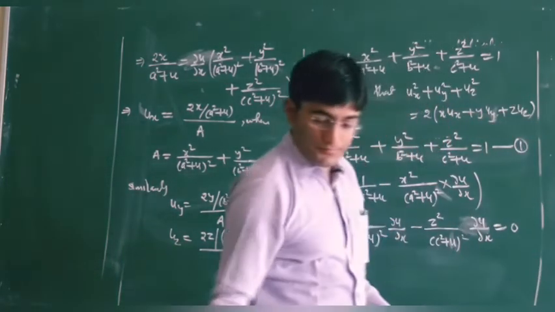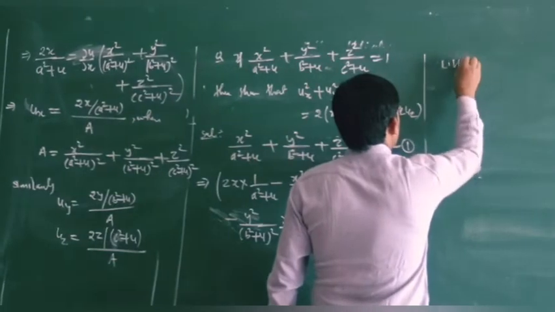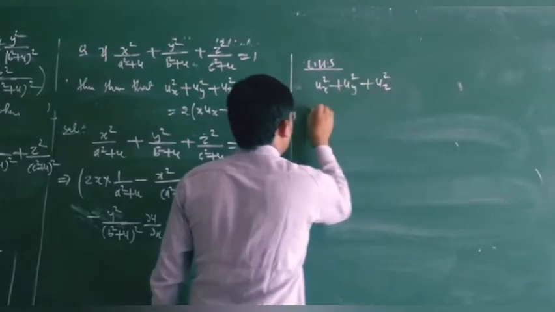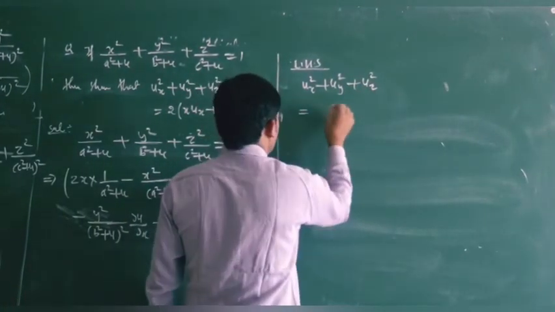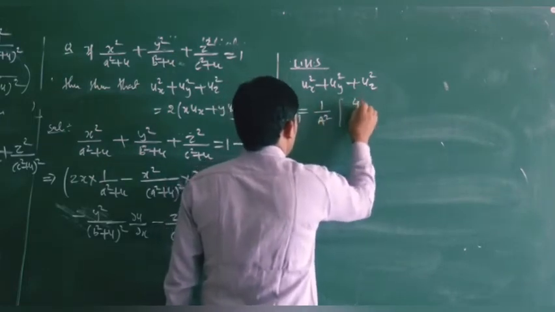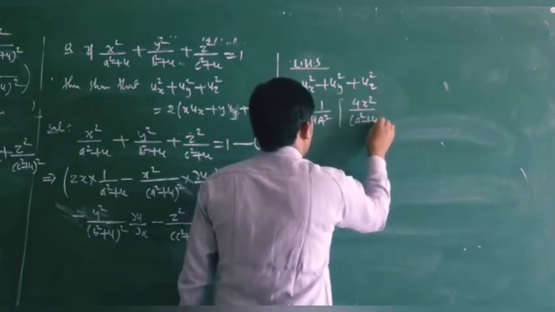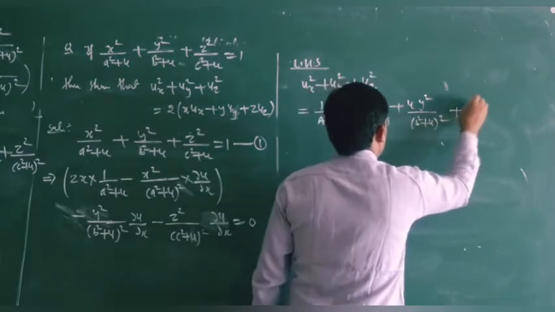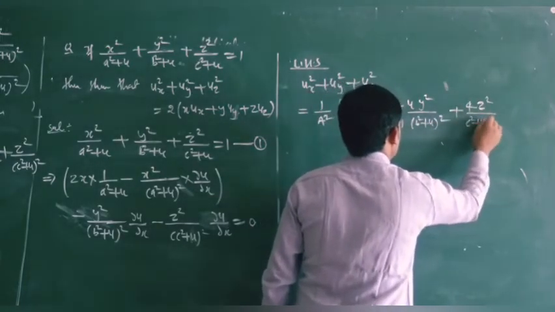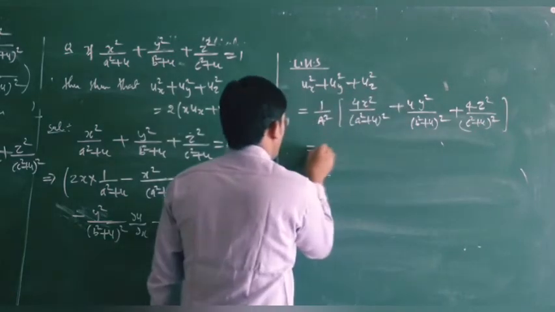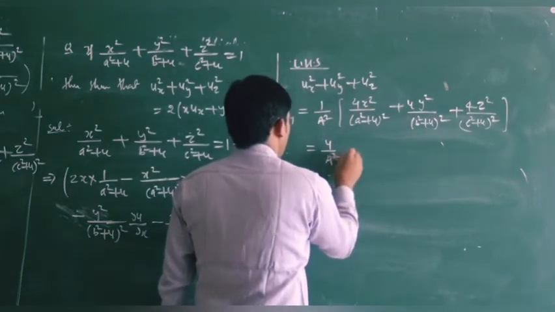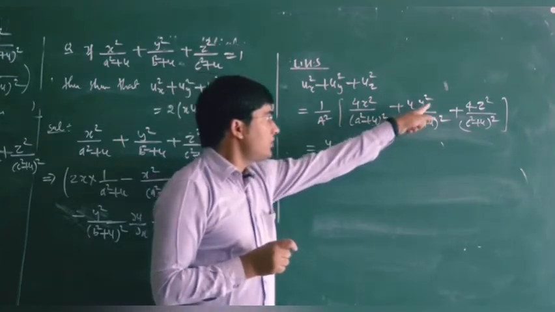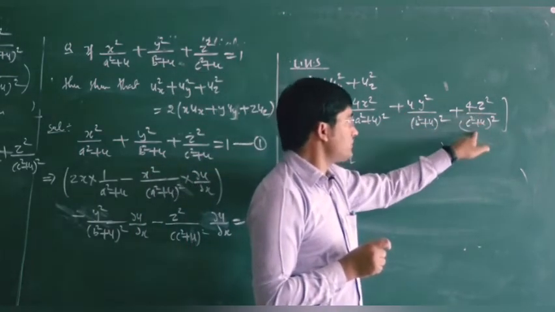So left hand side: u_x² + u_y² + u_z² is equal to 1/A² times 4x²/(a²+u)² + 4y²/(b²+u)² + 4z²/(c²+u)². Now if you take 4 common, then this will be 4/A², then the bracket x²/(a²+u)² + y²/(b²+u)² + z²/(c²+u)².